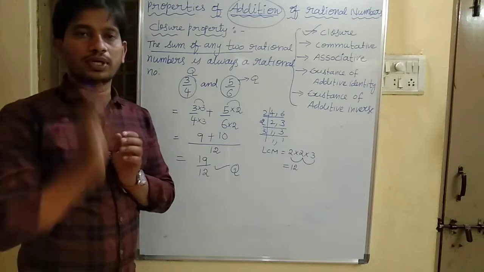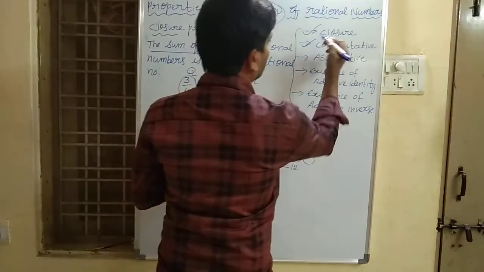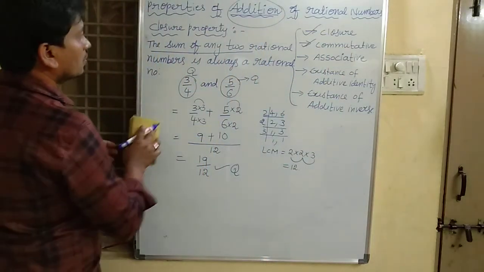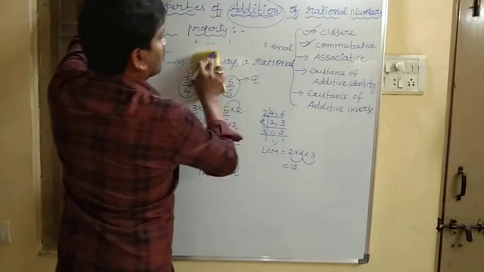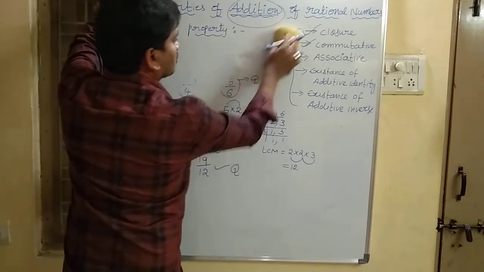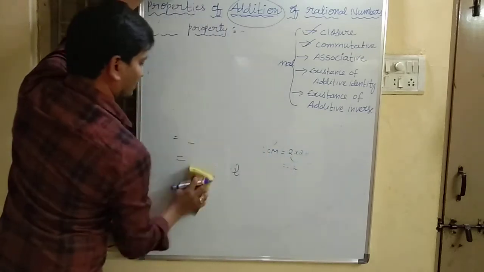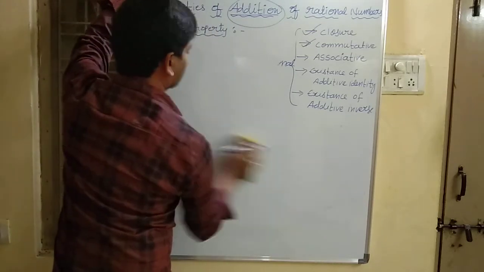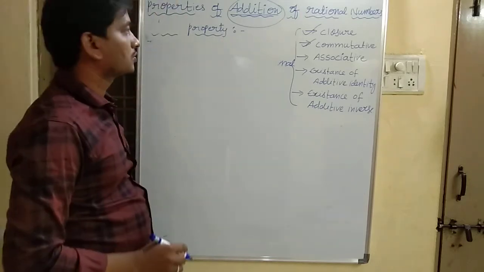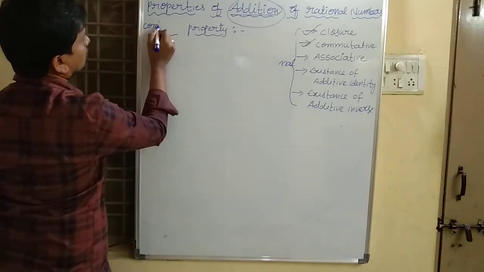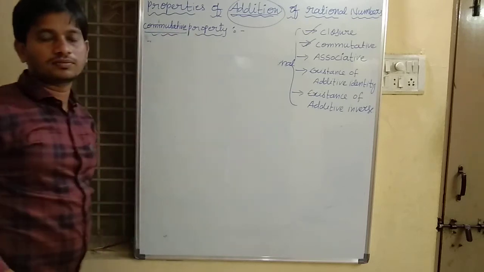That is closure property. Now coming to the second property, our second property is commutative property.